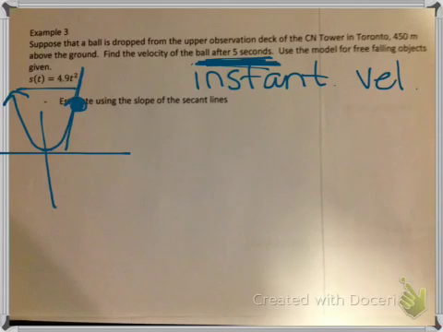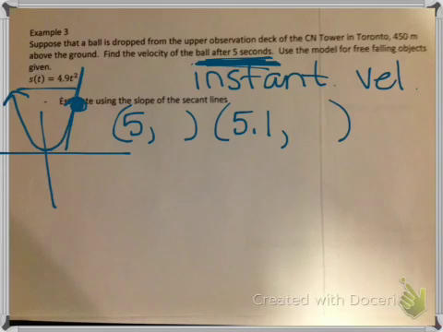So what we would do is we'd find the slope between the points when x is 5, and 5.1. How do I get the y value? Plug 5 into the equation to get the y value, and I would plug 5.1 into the equation to get this y value.